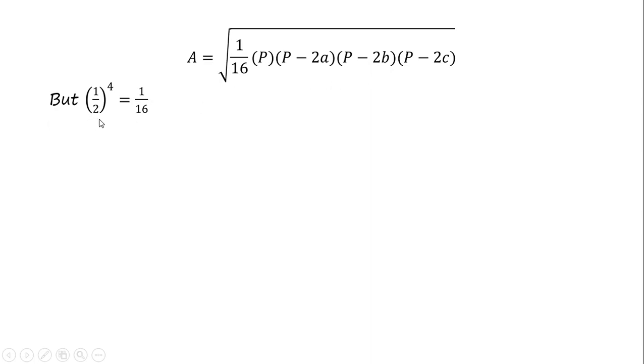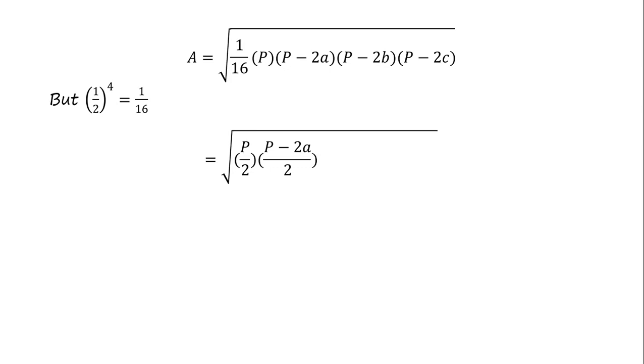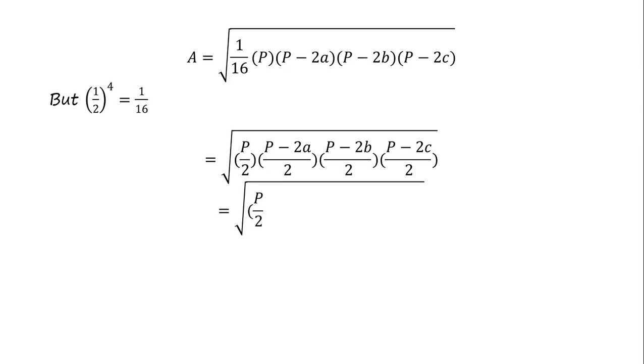But also note that 1 over 2 to the power 4 is equal to 1 over 16. So we can split a half into each of these 1, 2, 3, 4 functions. And we are able to come up with P over 2, P minus 2A over 2, which again we can subdivide into the individual functions.